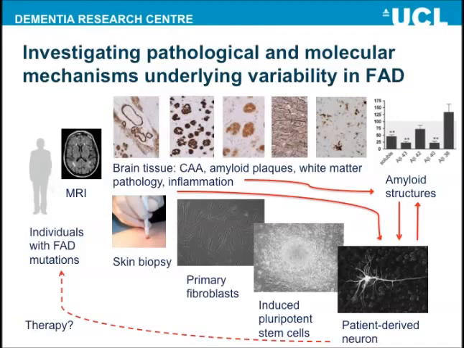And there are a whole host of things that she can look at in them to see what the mutation is doing. For example, looking at how it affects different amyloid structures. So we can sort of bring together all these different types of research to understand the mechanisms that lead to the disease. And the other incredible thing about these cells is that they offer a model where we could potentially test new treatments before they go into patients.